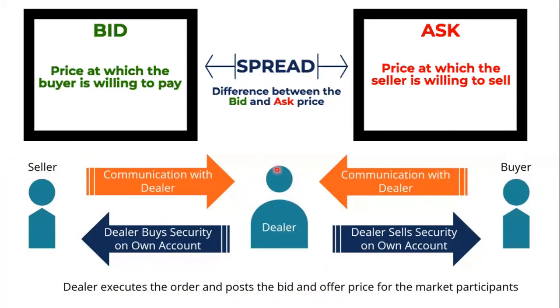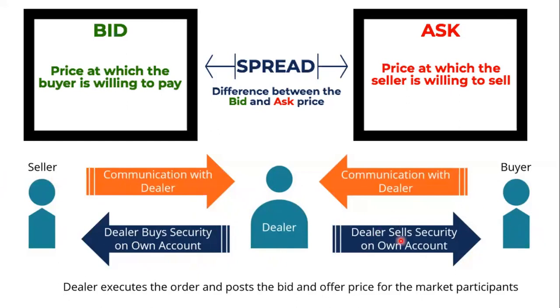The dealer is a common person, right? He has the information from both seller and buyer. And here the dealer buys the stocks from the seller on his own account. On account means the dealer's account.